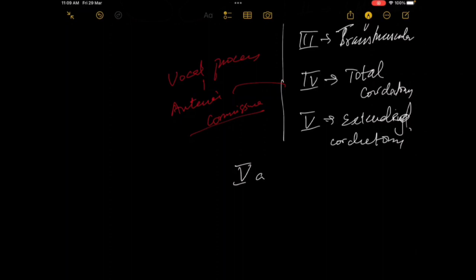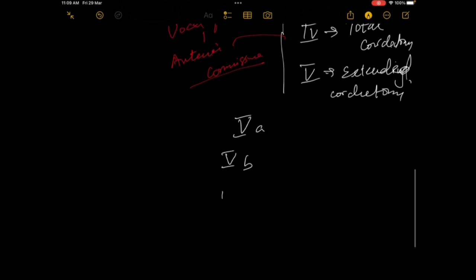Now type 5 is extended cordectomy, which means we are removing parts apart from the vocal cord. This is further classified into 4 types: 5A, 5B, 5C and 5D.